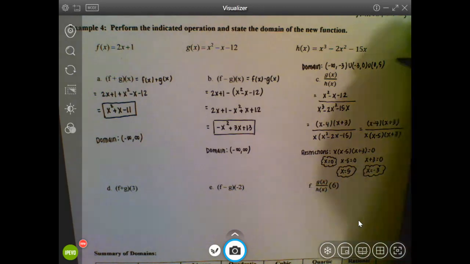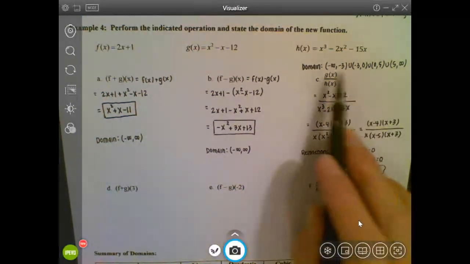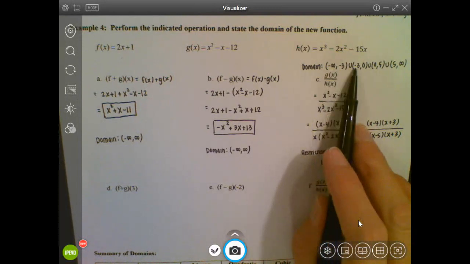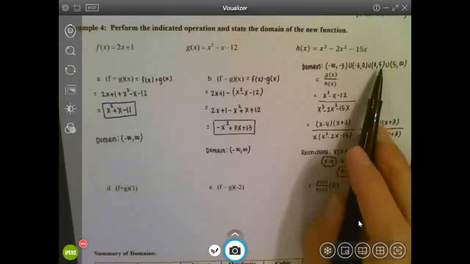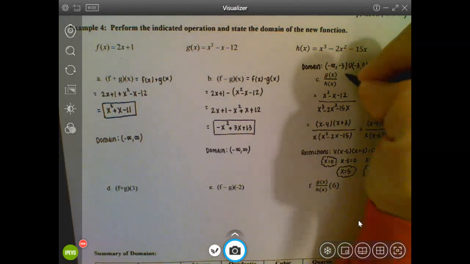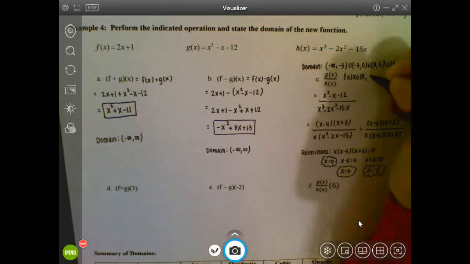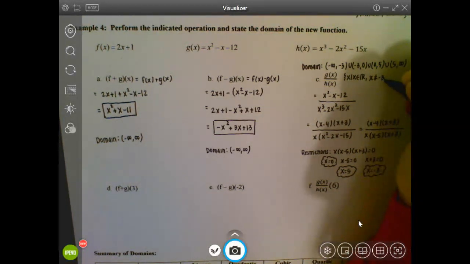And 5 is going to come third. So the interval notation for this one's a little bit long. We're going from -infinity, skipping over -3, skipping over 0, skipping over 5, and then going to positive infinity. In set notation, that would be x such that x is an element of the real numbers. I would just write it as x can't be equal to -3, 0, 5.